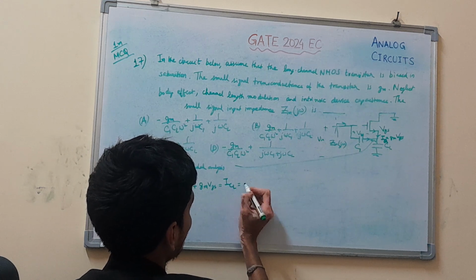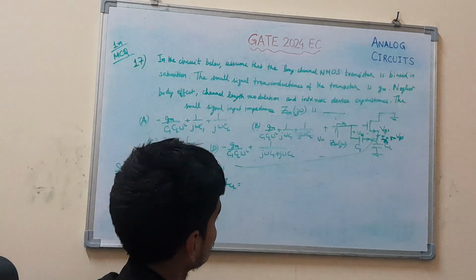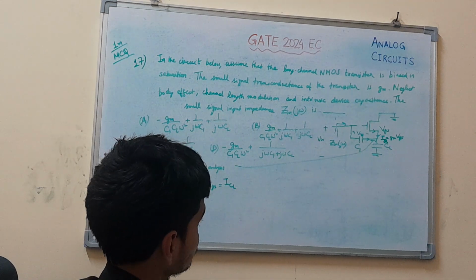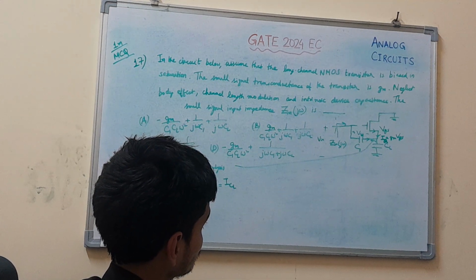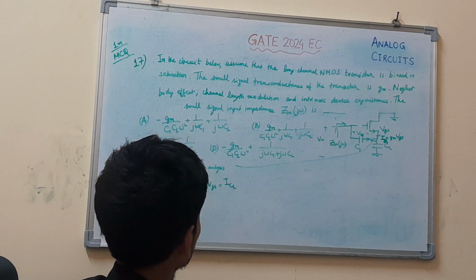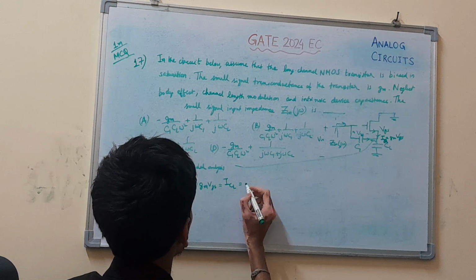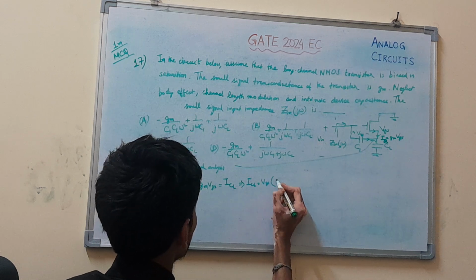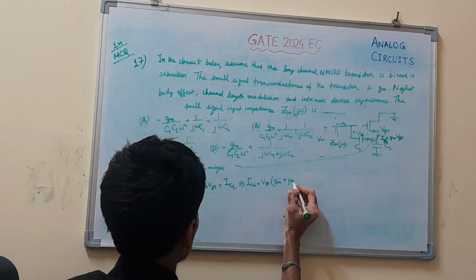So ICL is equal to VGS into GM plus j omega CL.